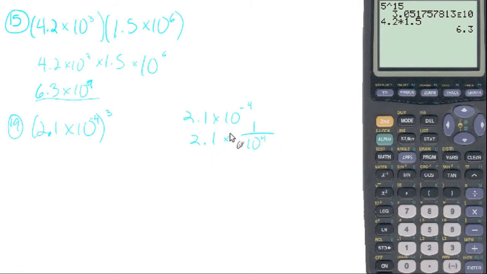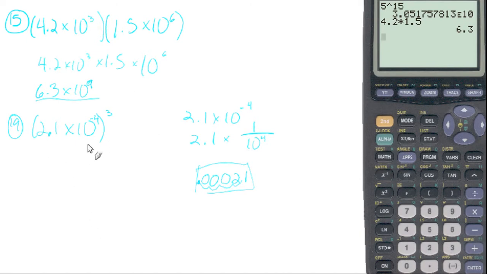So we move 1, 2, 3, 4 decimal places to the left, and that's what this number is. That's what a negative exponent means in scientific notation. A positive exponent, move to the right. A negative exponent, move to the left.